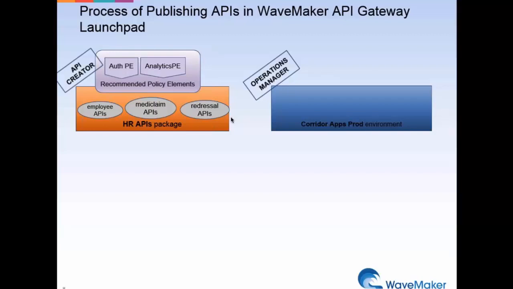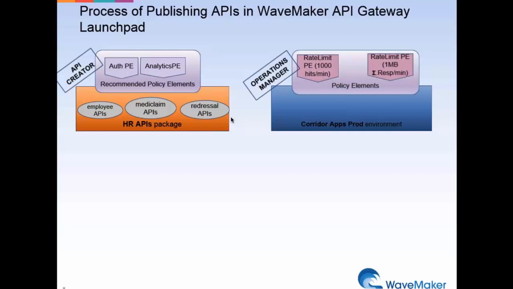The next role, the operations manager, who basically represents IT ops, is aware of the environment where the applications are running or will be deployed. So he creates a logical equivalent of the environment, in this case the Corridor Apps Production Environment. He also adds his policy elements.